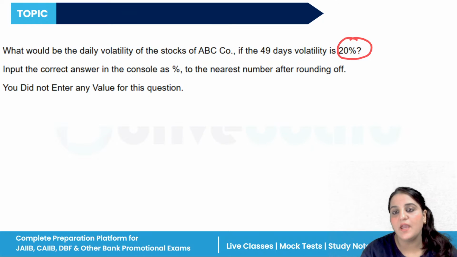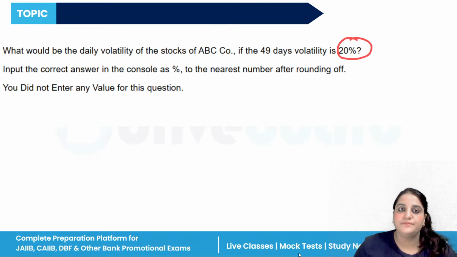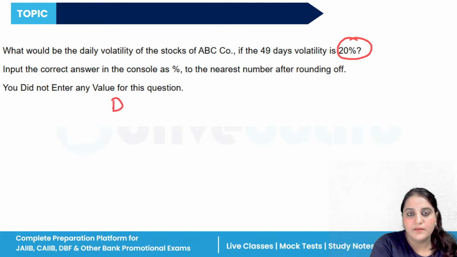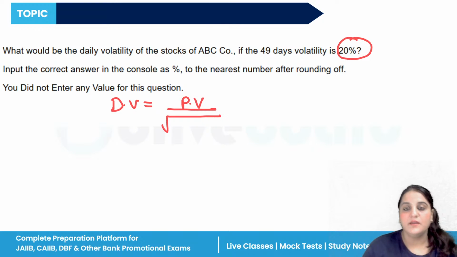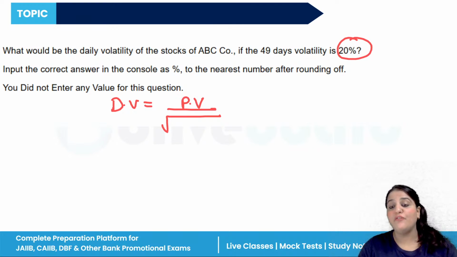How can we calculate this daily volatility? Daily volatility is period volatility divided by the square root of the number of days.